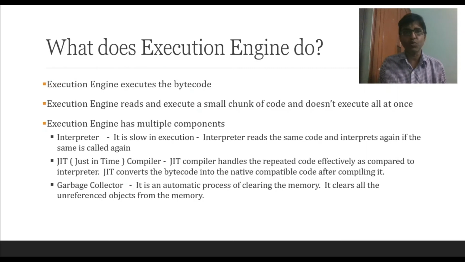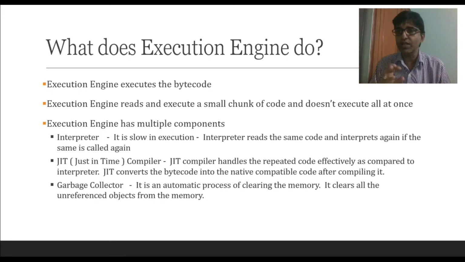Okay, let's move on. Let's go into the execution engine. What is an execution engine? It is an area where the bytecode is executed. The execution engine reads the bytecode, which is a small chunk of code presented at runtime, and it doesn't execute the entire code like what happens in C. C is static, it loads everything at once into the memory and clogs the memory, but Java doesn't clog the memory.